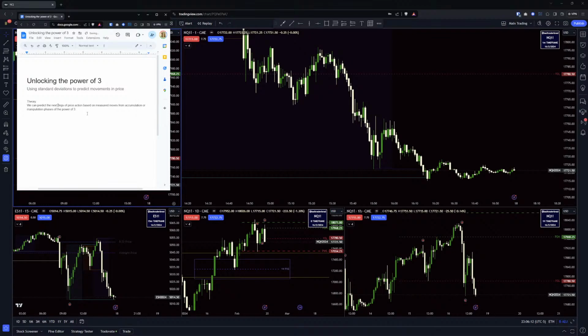I'm going to just put in the next legs of price action at key points in time and price. All right, so this is the theory that we're working with.